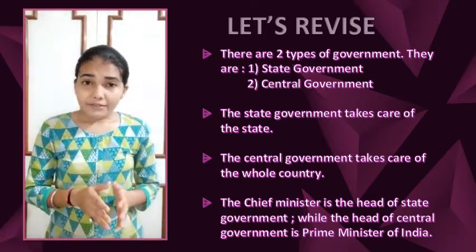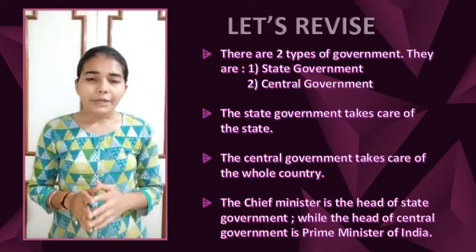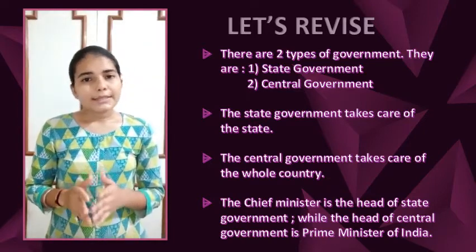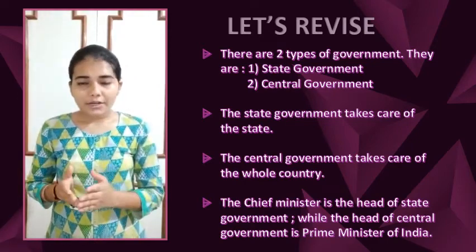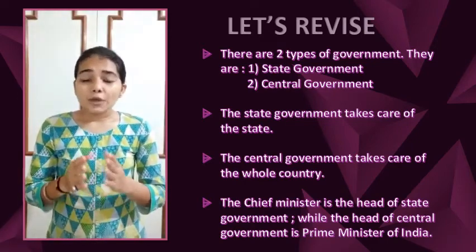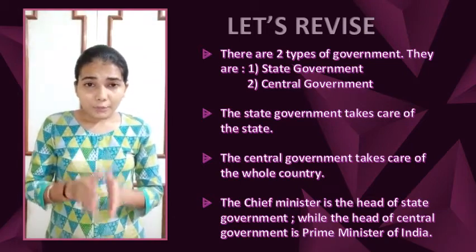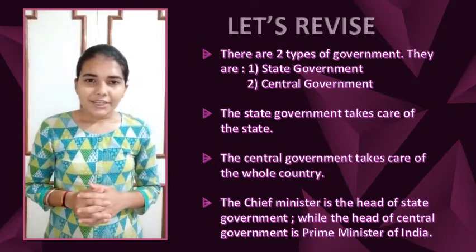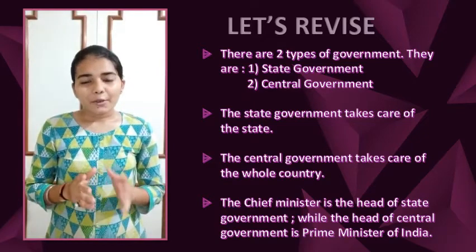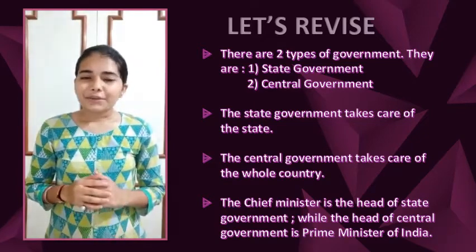The union territories are also looked after by the union government, that is the central government. As the name suggests, union territories are fully the responsibility of the union government. I hope you all are clear with today's topic.